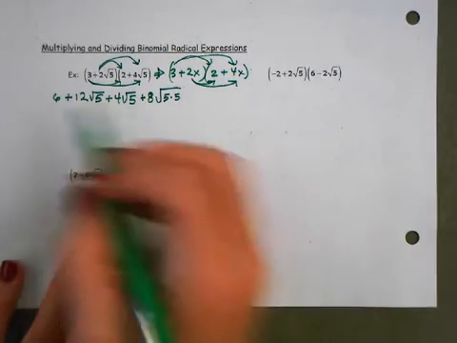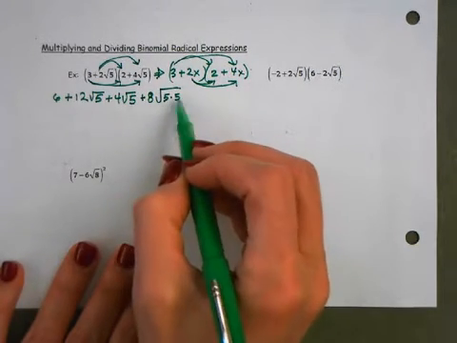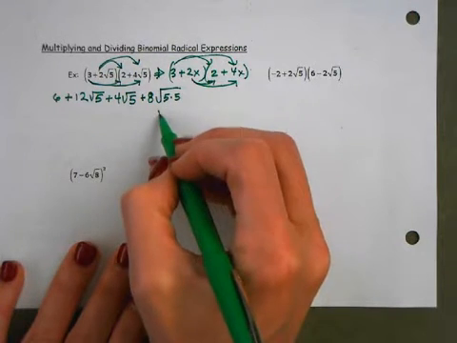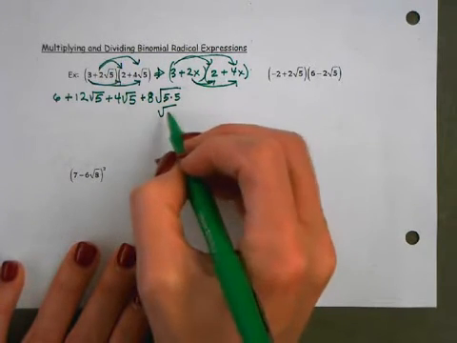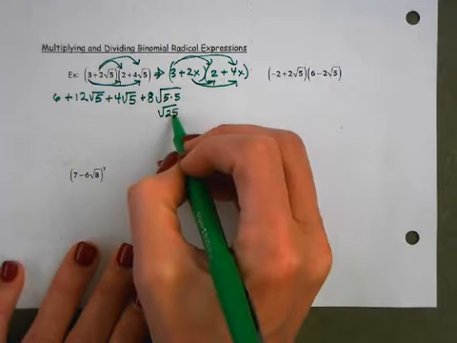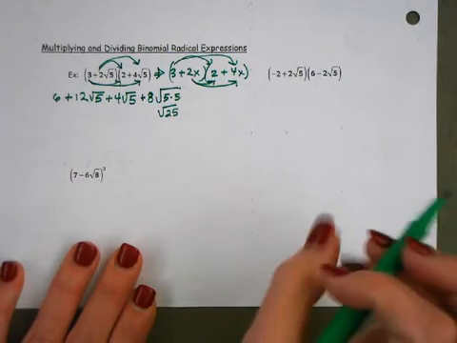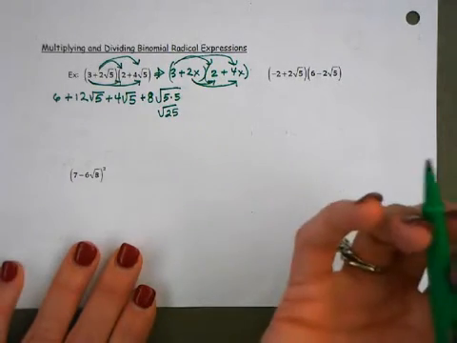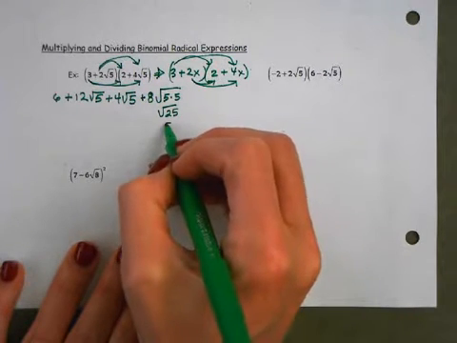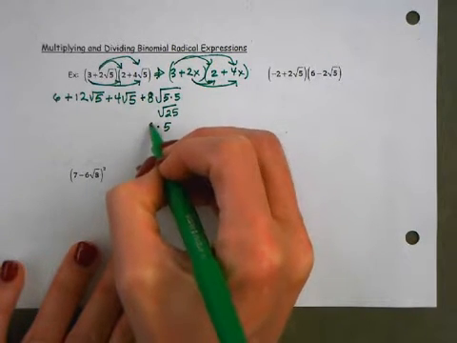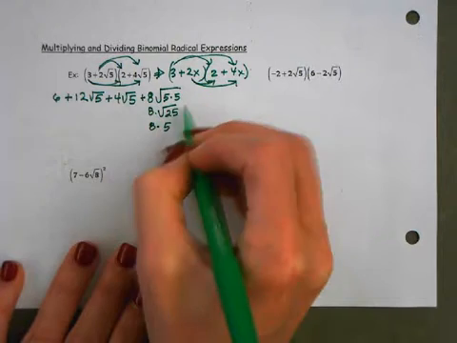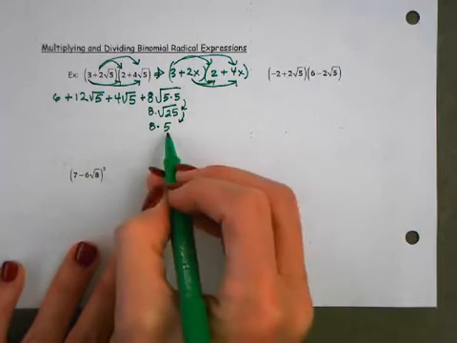So then, what is 5 times 5? 25. So I have the square root of 25. What's the square root of 25? 5, right? So this then becomes 5. So this becomes 8 times 5, going down each to simplify it.